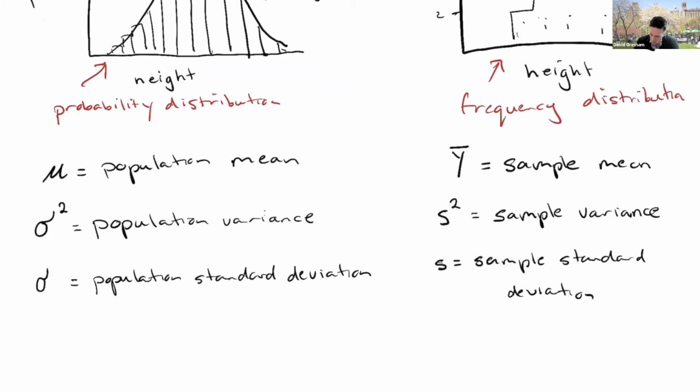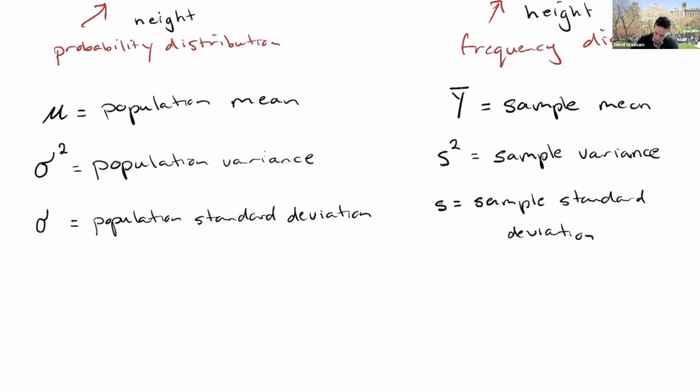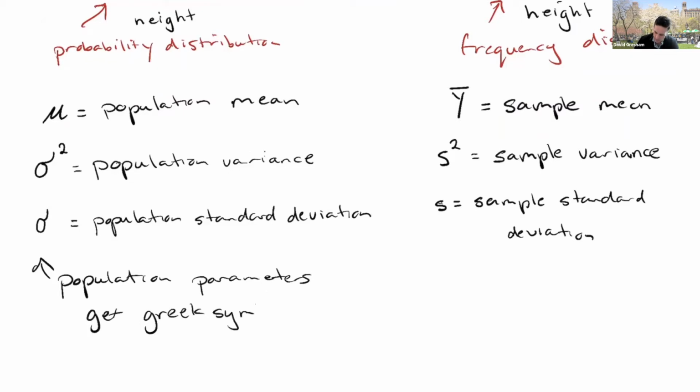All right, so there's some conventions here that we want to use. The convention is that the population parameters get Greek symbols, whereas the sample estimates, so they're estimates of our population parameters, is the key distinction here, we use Roman letters.